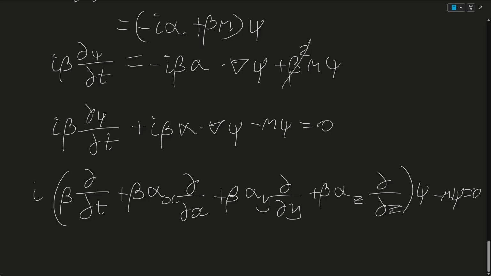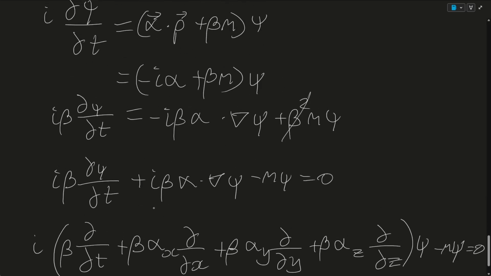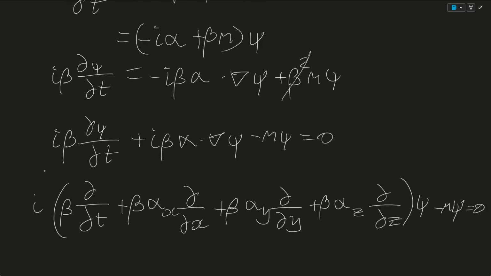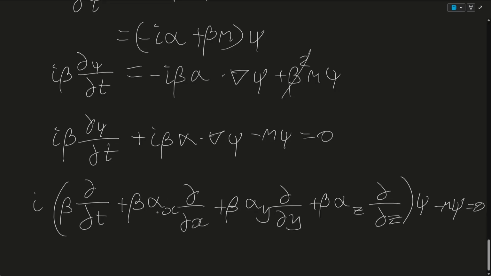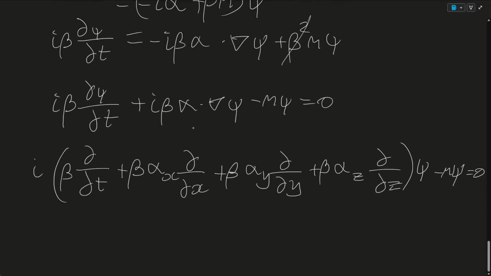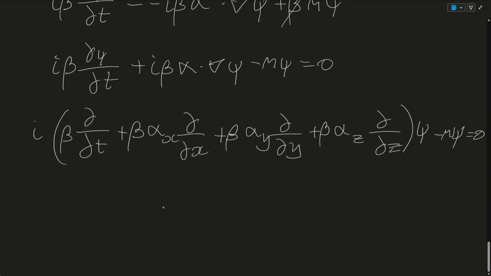I promise it's equal to 0. I think it's fairly trivial how that's expanded, because alpha dot nabla is just these partials with respect to x, y, and z times alpha x, alpha y, alpha z, by the definition of the divergence.